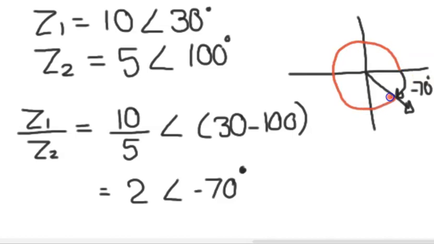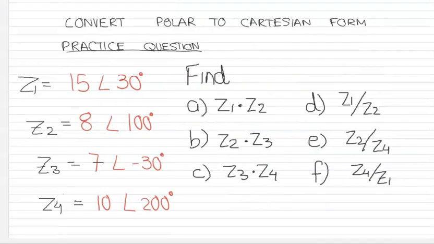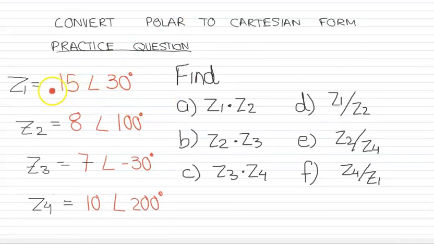This red angle I need, and I know the total angle is 360, so I'm just going to do 360 minus 70. That will give me 290 degrees. So I can write this as a positive angle, 2 angle 290 degrees, and that will be the answer. Okay, what I'd like you to do next is go through these questions.